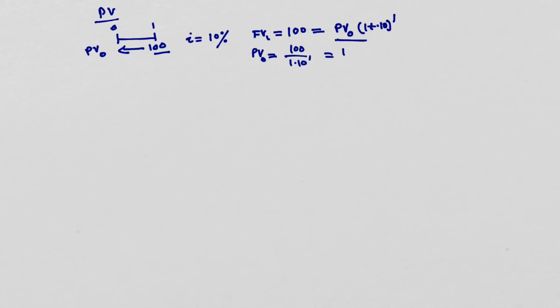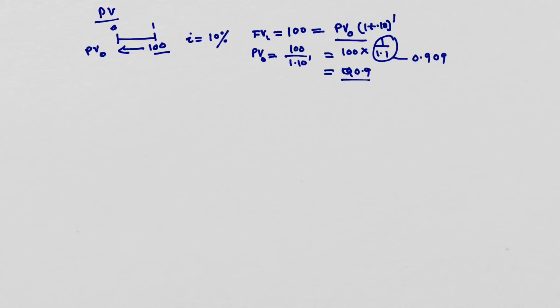I can also write it as 100 into 1 divided by 1.1. Now I can find this factor, 1 divided by 1.1, which is equal to 0.909. So the present value of 100, which I receive after 1 year, is 90.9.